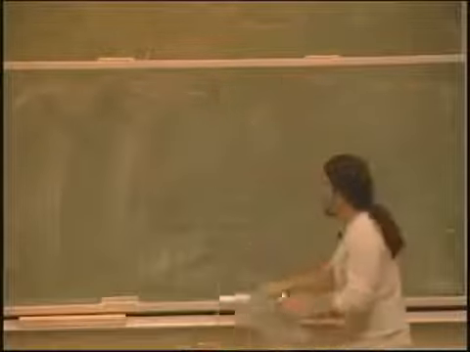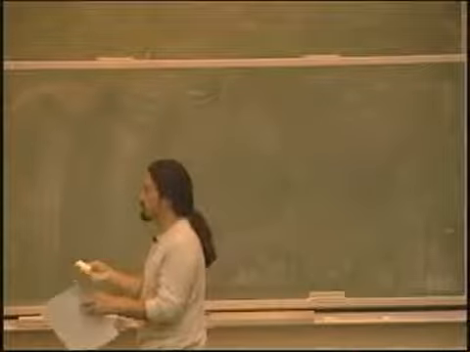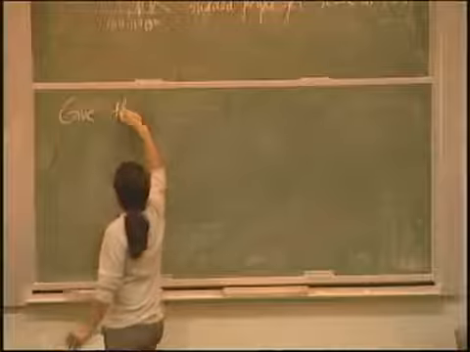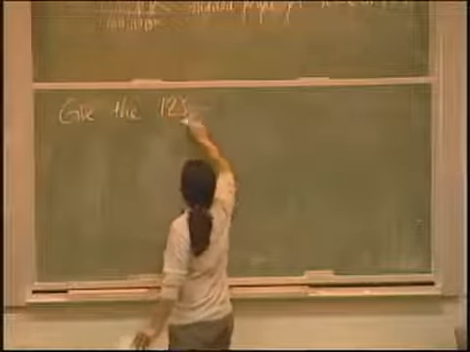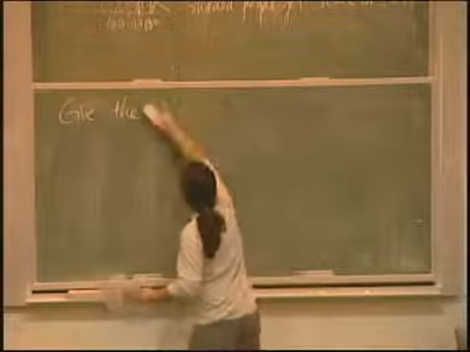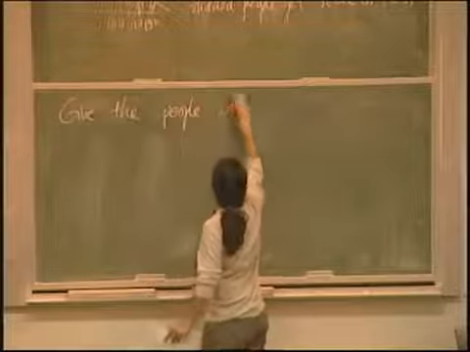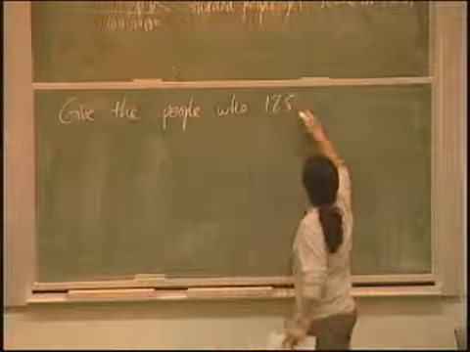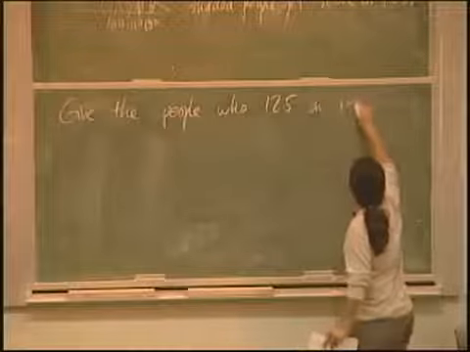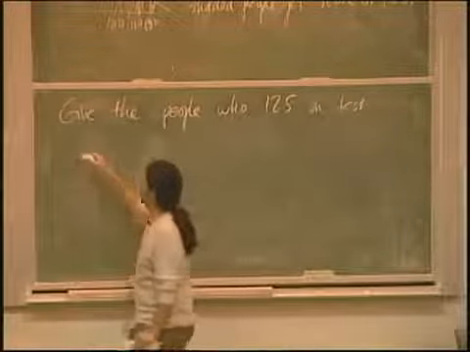So let's suppose we take all those people and we give them a second test. Give the people who got 125 on test a second test.